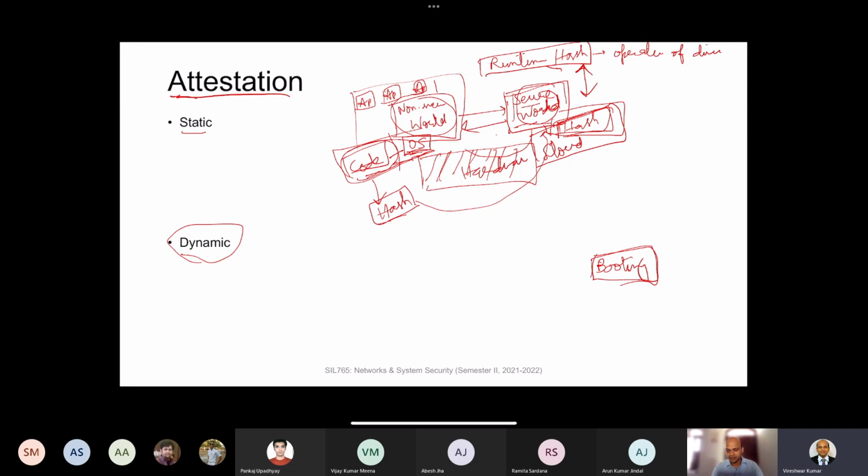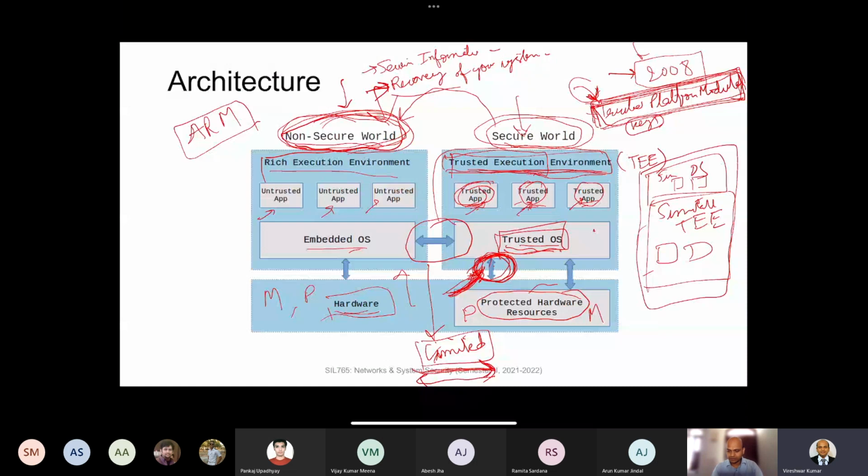Let me just go to this figure. So this trusted OS which is here could boot first, and once it has booted, it will compute whether this OS, in this case the embedded OS, has been altered or not.